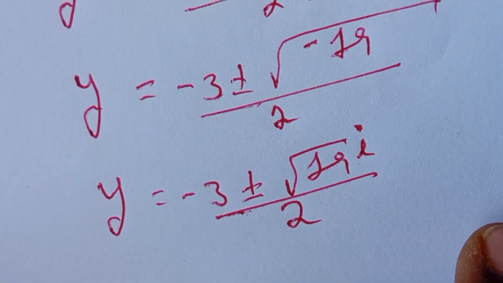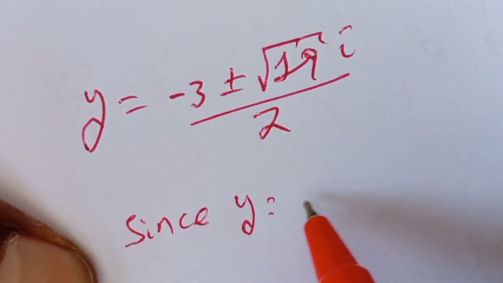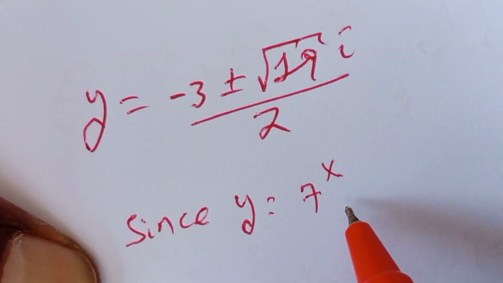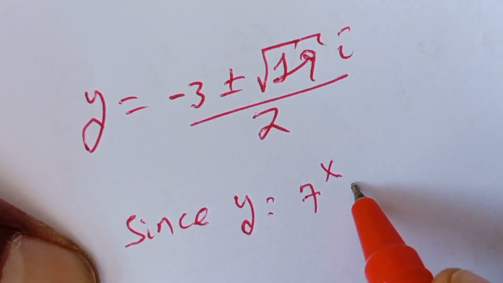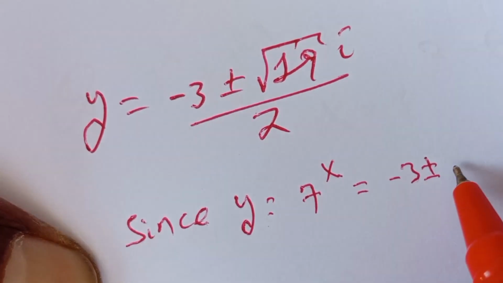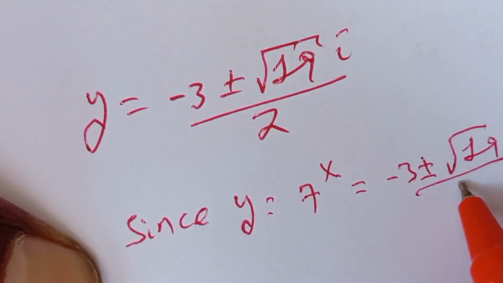Since y is equal to 7 to the power of x, y is equal to minus 3 plus or minus root 19 i over 2.